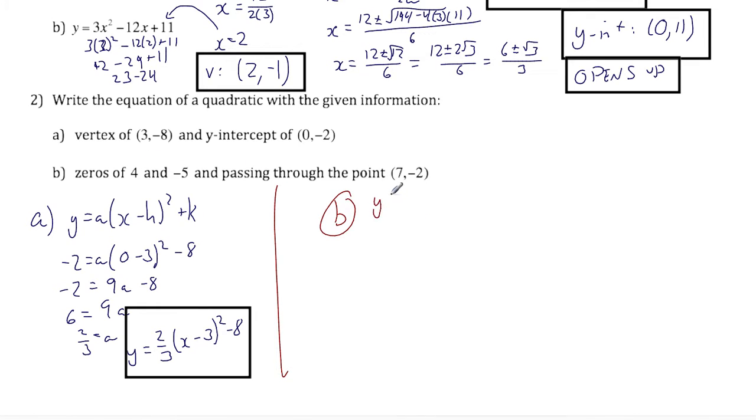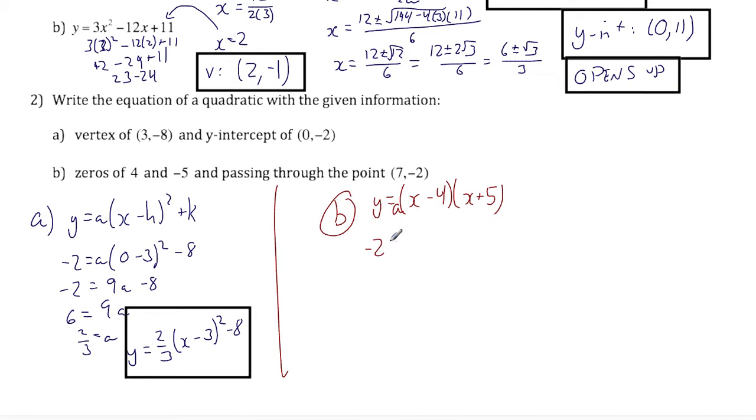So if we have those zeros, that means that the factors are going to be x minus 4 and x plus 5. I do need an a in there. I need a leading coefficient. So what I'm going to do is use this point 7, negative 2 to figure out that leading coefficient. So I can plug it in as it is now.